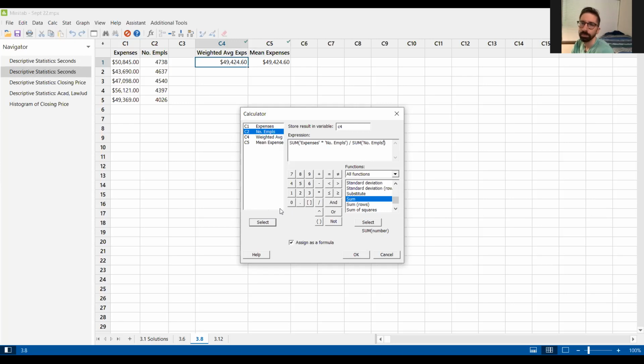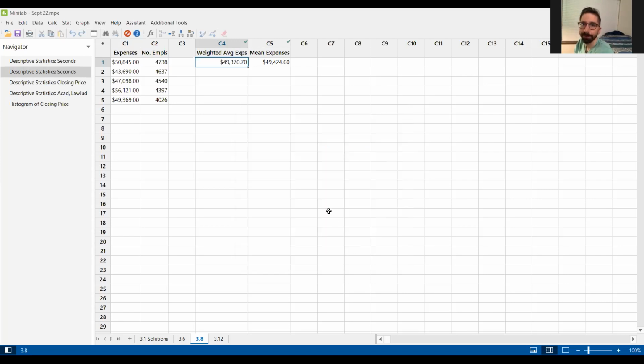Does that make sense? Numerator is the sum of the product of the number times its weight, divided by the sum of the weights. I click OK, and I should get 49,370 as the weighted average.